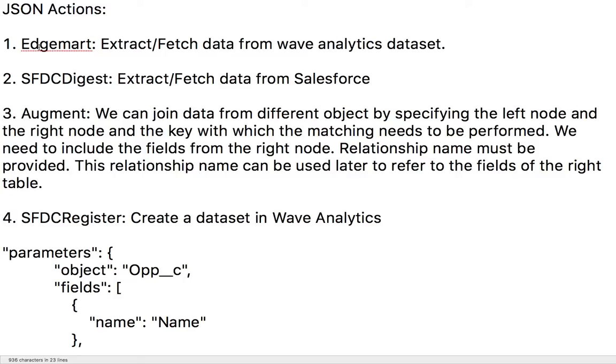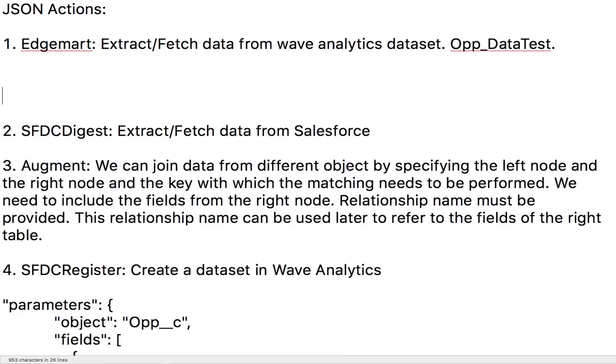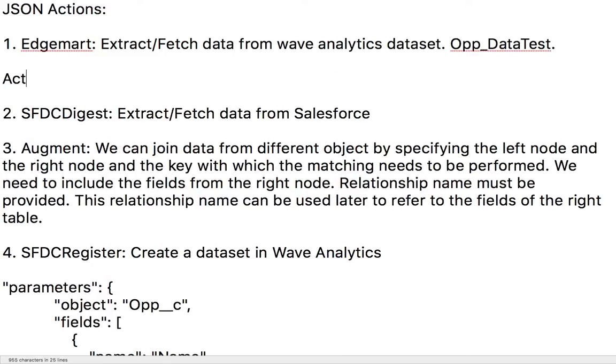So that data set must be there in the Wave Analytics. Okay, so for example, I have a data set with the name opp_data_test. So if I want to extract the data from this particular data set, I'll have to use the action as edgemart.